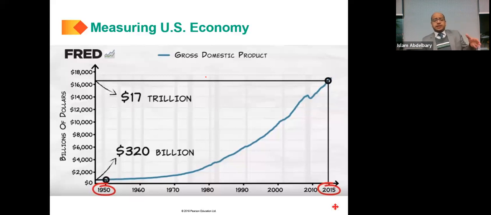In 1950, the GDP of the US was $320 billion. Recently, in 2015, the nominal GDP of the US economy is $17 trillion.